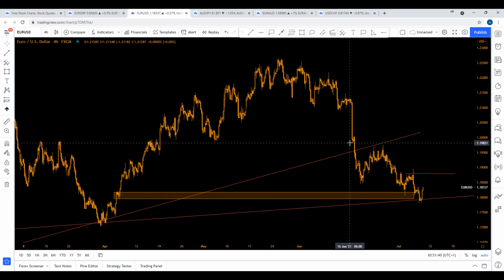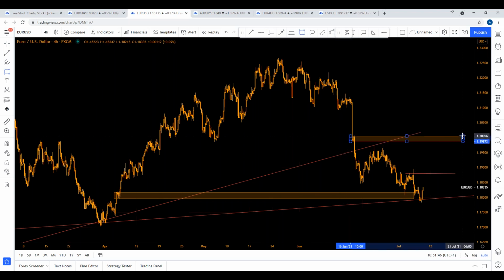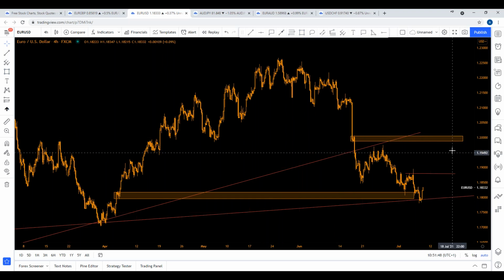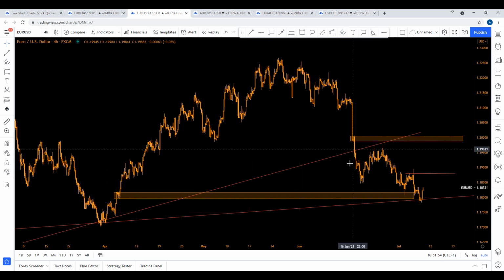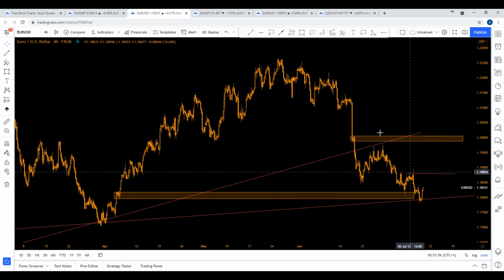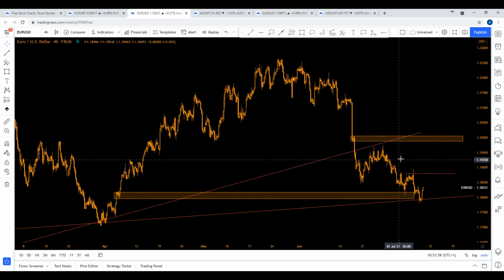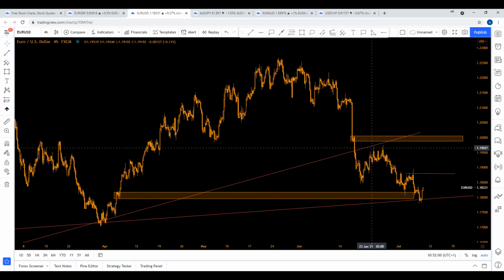But this is a really nice area that I also have highlighted on my analysis. This area here converges with your 120 as well, Travis. This is a really tasty area of supply, but we have drove away from it quite a bit. The interesting thing about this zone is these highs here.